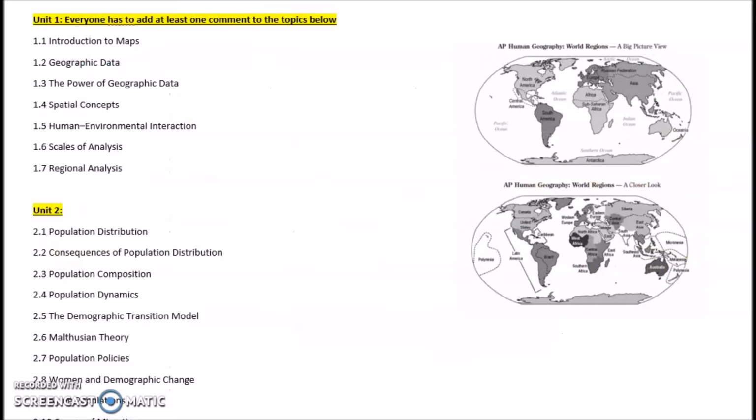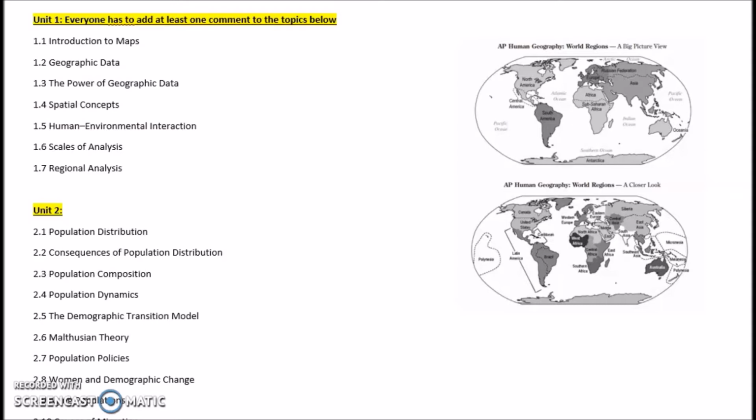Okay? So what I need you to do here is you're going to have to look at this unit. Each person has a particular unit assigned to them. But all of y'all have to write something in Unit 1. So for Unit 1, if it's Introduction of Maps, you might write something like cartography, right?